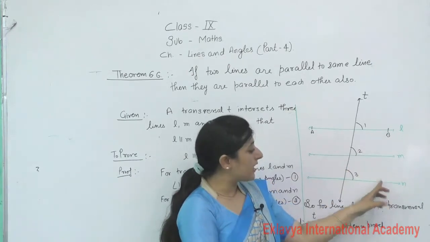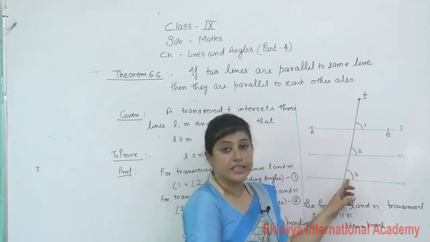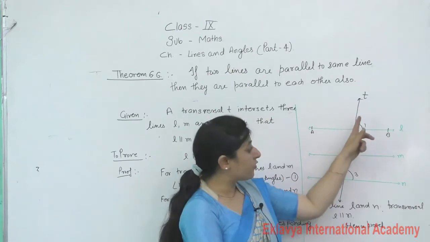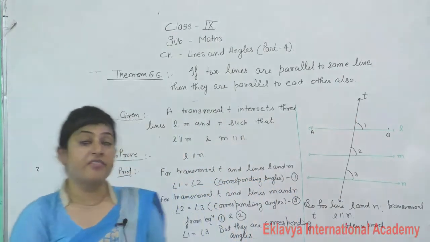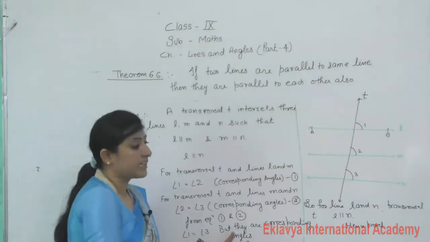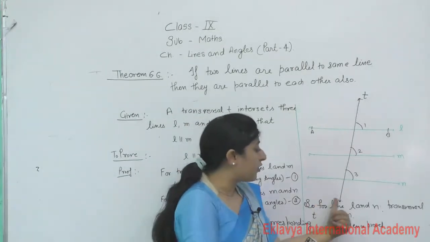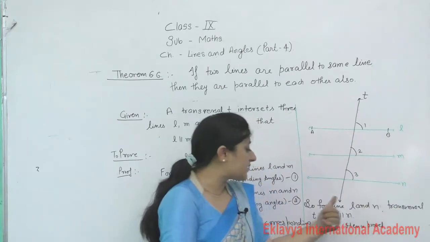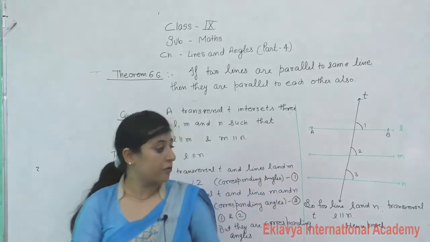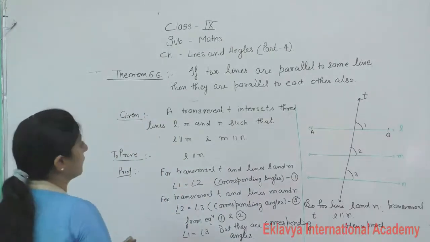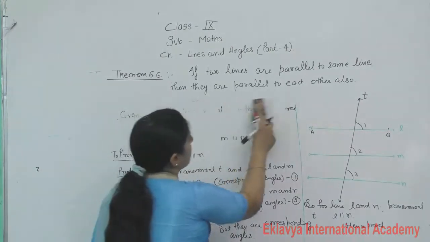M parallel to N, it means angle 2 is equal to angle 3, corresponding angle. Then from two equations we can say angle 1 is equal to angle 3. But which type of angles they are? They are corresponding angles. So for lines L and N, transversal T, L parallel to N. This thing we have to prove. Now hence proved. Now next theorem.